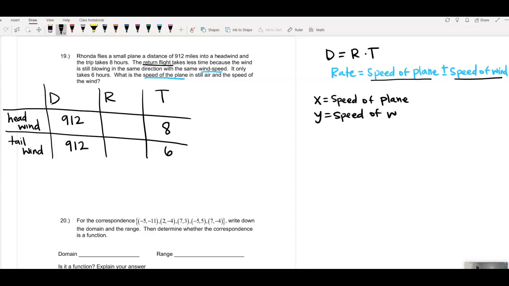Right? I've got two different things that I'm trying to find there. So with the headwind, is that going to be x plus y or x minus y? How do I know whether I'm doing the plus or the minus? What do you guys think? X plus y or x minus y?